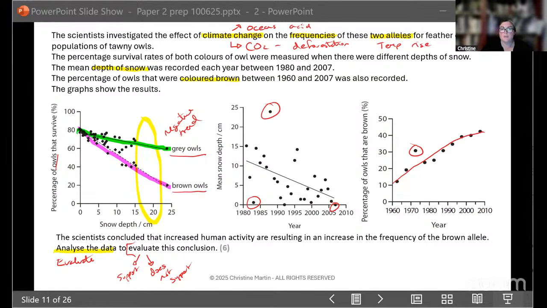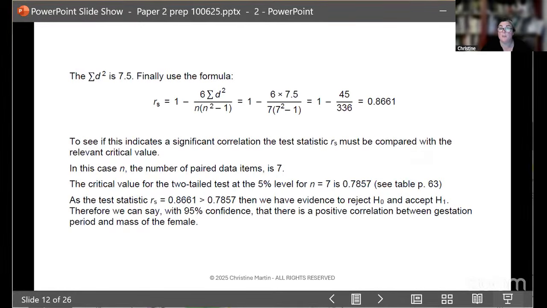When you talk about Spearman's rank, N is the number of paired data. So therefore it would be 7. In my case, I said there were five paired values, so therefore it'd be 5.